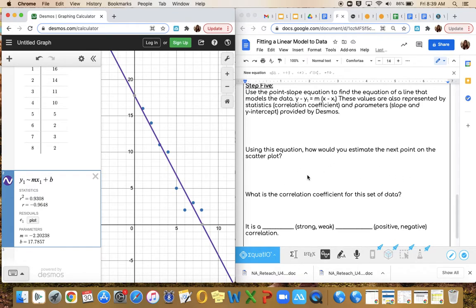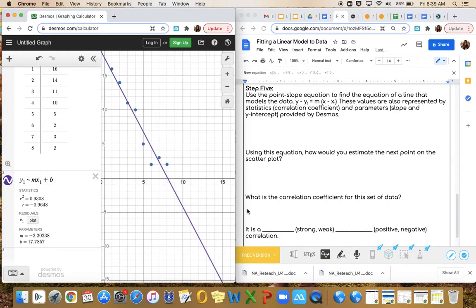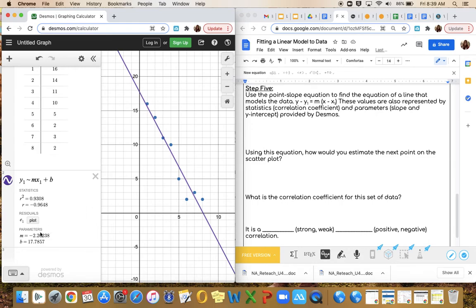Now, the information after you've plotted it, Desmos gives you all kinds of information. You see this r squared, we're going to ignore that, but the r is actually going to give you the correlation coefficient. And we remember negative 0.9, that's closest to negative 1. And negative 1 and positive 1 are very strong correlations.